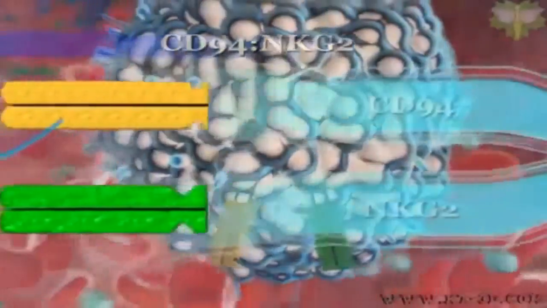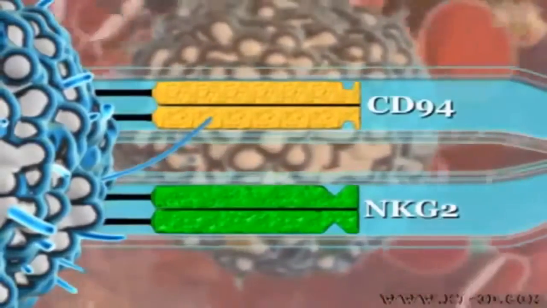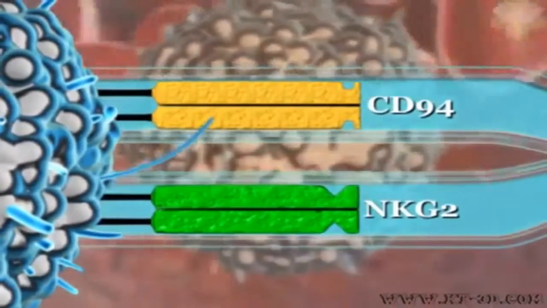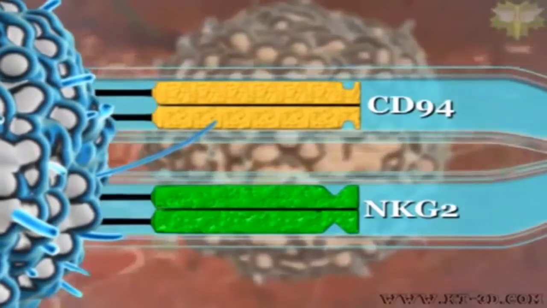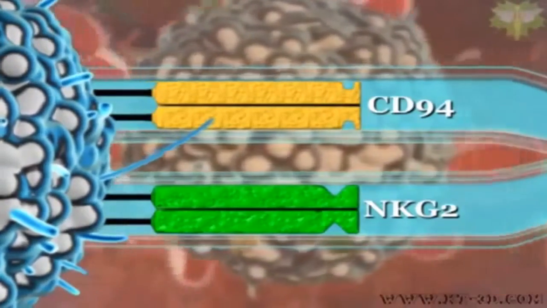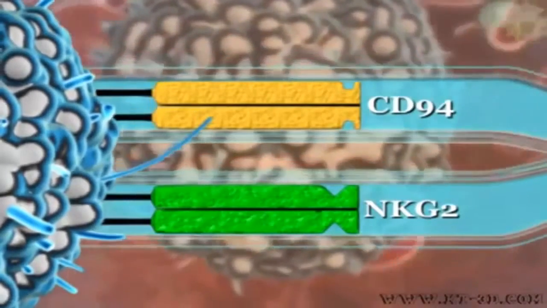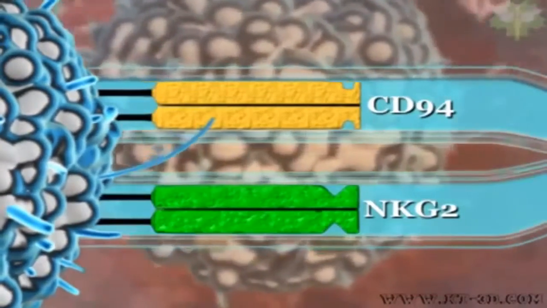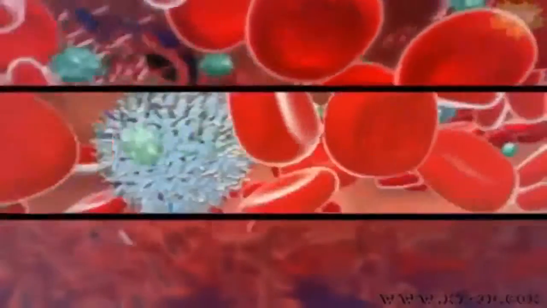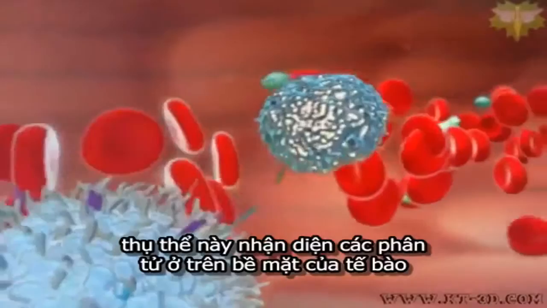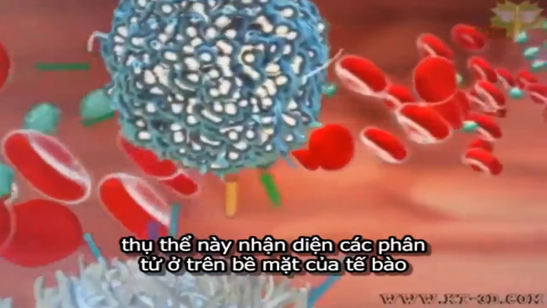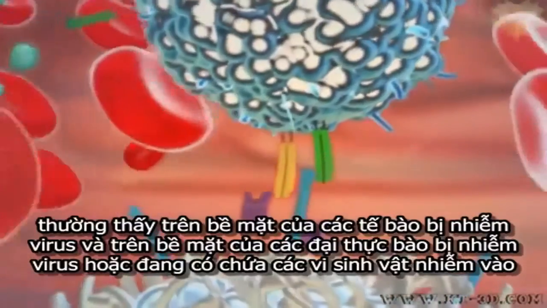The NKG2 proteins differ for the inhibitory NKG2A and NKG2B, and the activation NKG2C and NKG2D protein structures of the CD94-NKG2 complex. Signaling by the inhibitory natural killer cell receptors suppresses the killing activity of the natural killer cells.